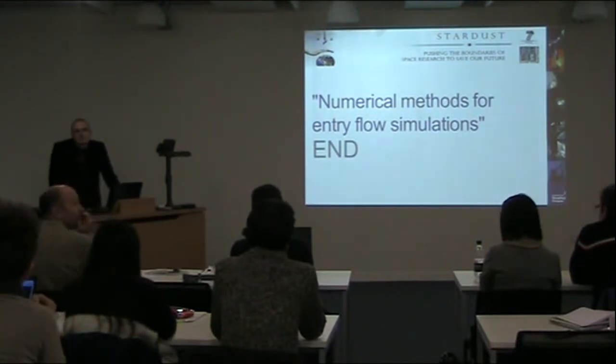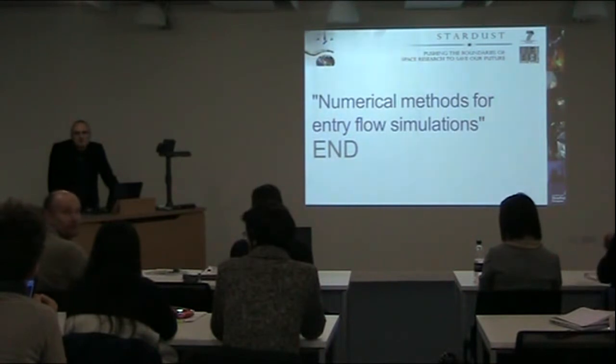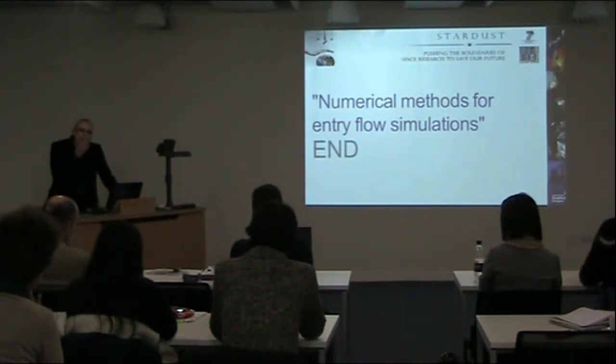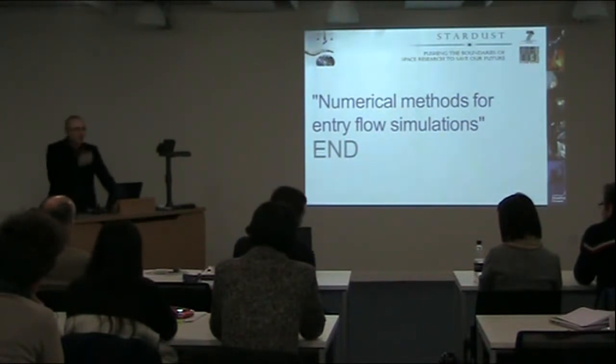I heard you made a reference to unstructured meshes. How are they defined? I mean, unstructured means you make just one mesh for the whole vehicle? Well, the definition between structured and unstructured is something I probably should have included.